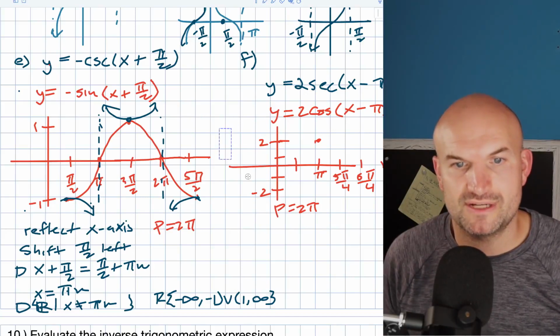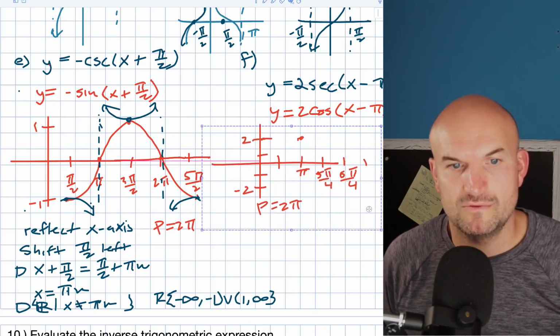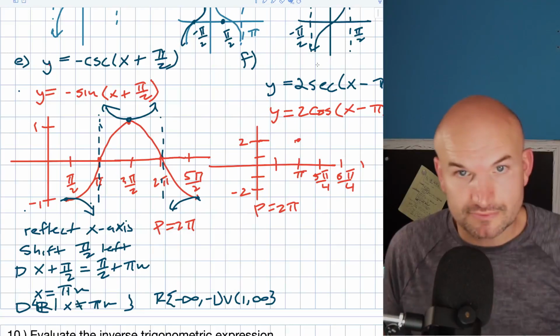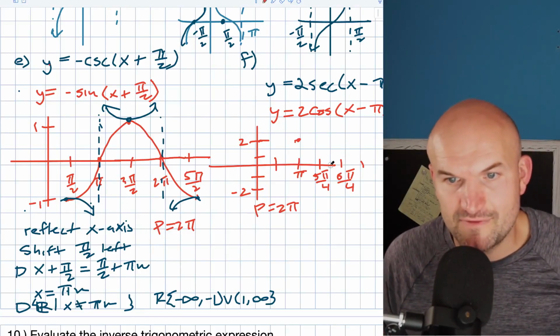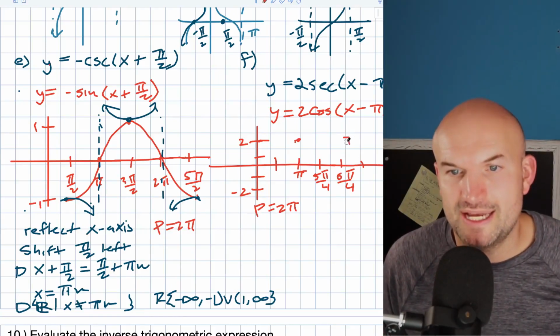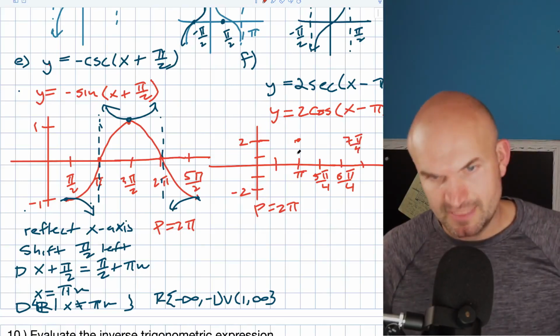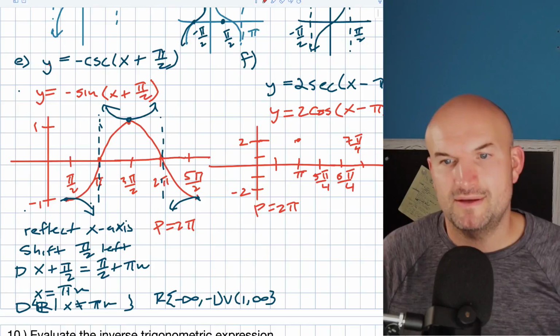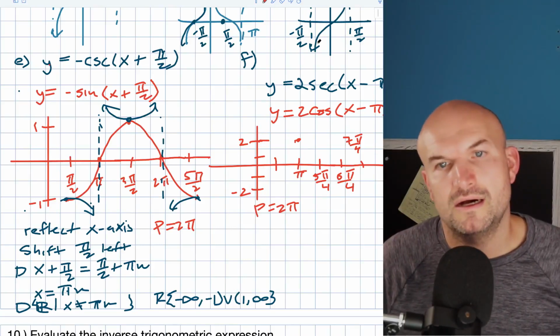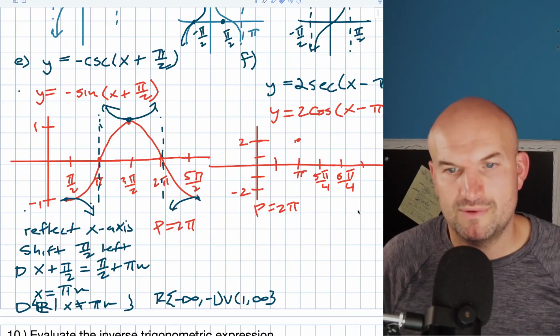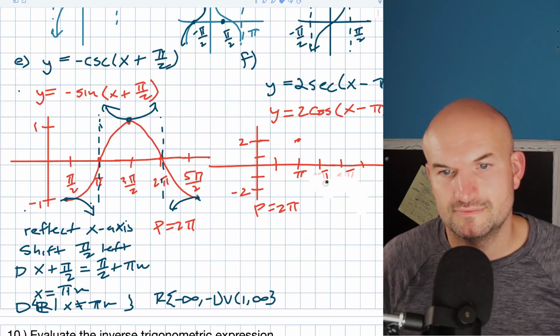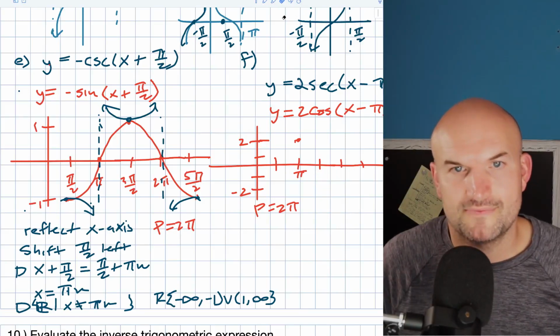Let me finish and fit this in there. No, wait a minute. I'm going by pi over 4. Why am I doing pi over 4? Sorry, guys.